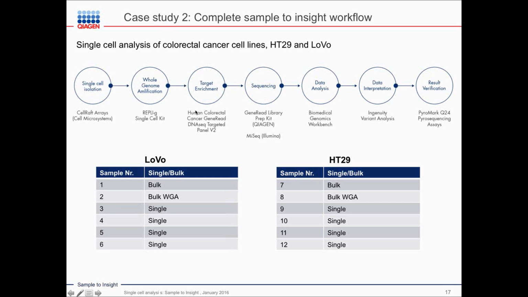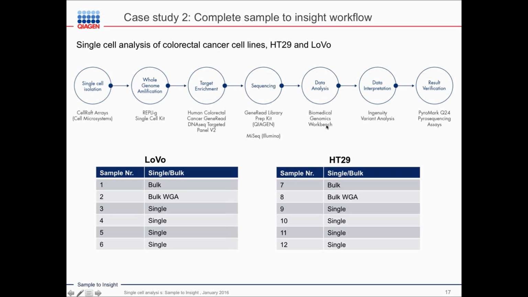And then we're doing target enrichment with the Human Colorectal Cancer GeneRead DNAseq Targeted Panel V2. This is going to amplify 34 genes that were selected based on our understanding of carcinogenesis and colorectal cancer. And then we're going to do the library preparation and sequence on a MiSeq.